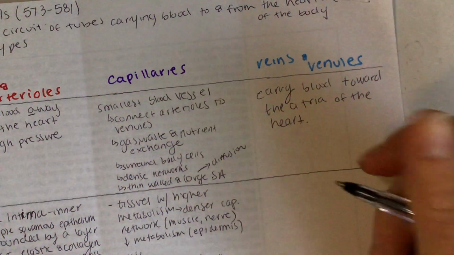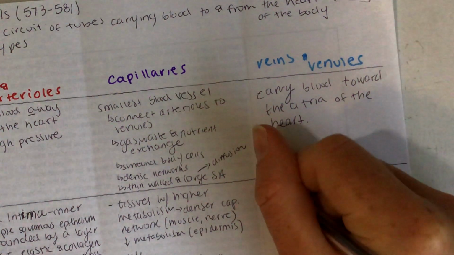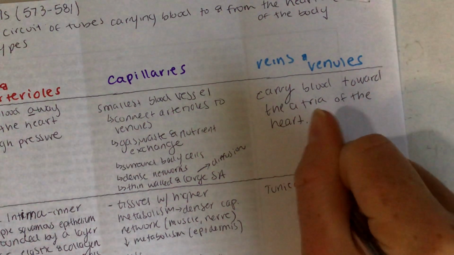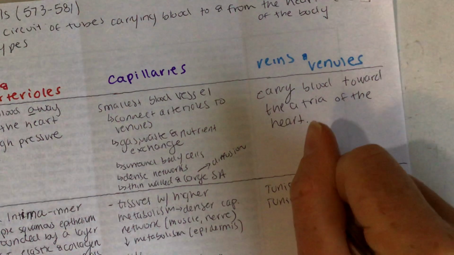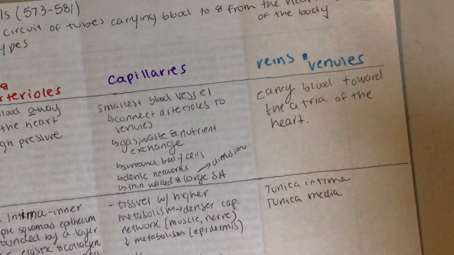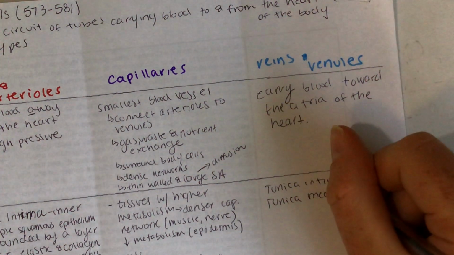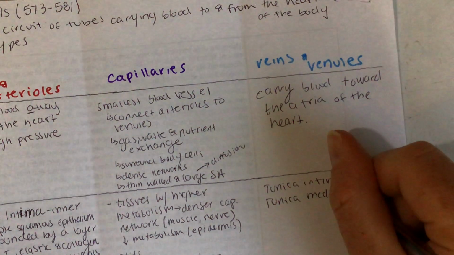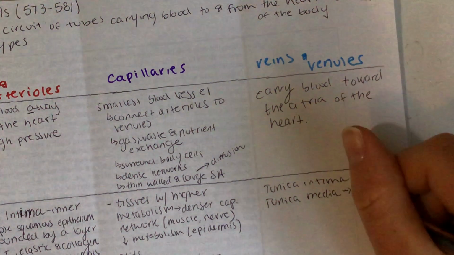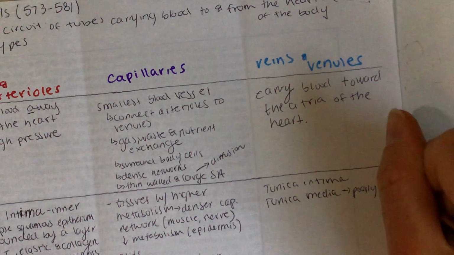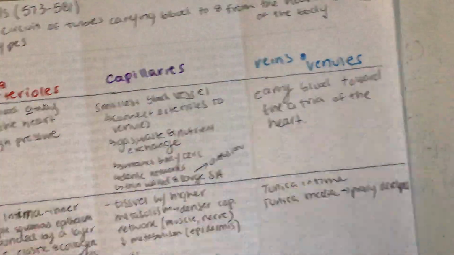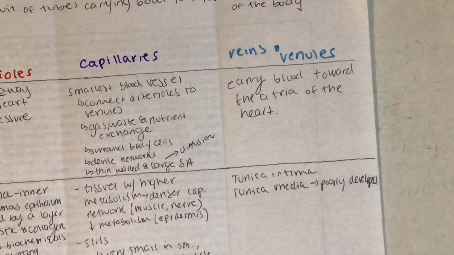Now these have 3 layers as well. The tunica intima is the innermost, the tunica media is the middle layer. And what's different about the tunica media here as opposed to in arteries is that it's poorly developed. Okay, so it's going to be a lot thinner because we're going back towards the heart.